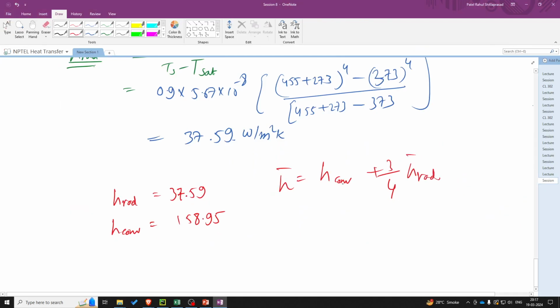So the overall heat transfer coefficient you can calculate as 158.95 plus 3/4 of 37.59. This will come around 28.19 plus 158.95. So the overall heat transfer coefficient for the system of convection as well as radiation will become 187.14.